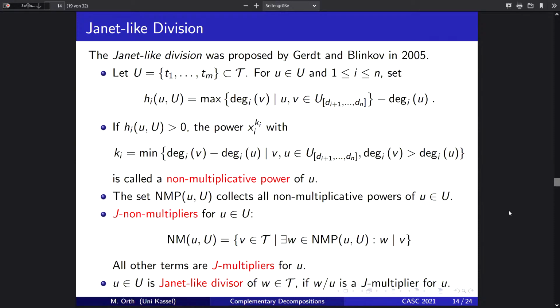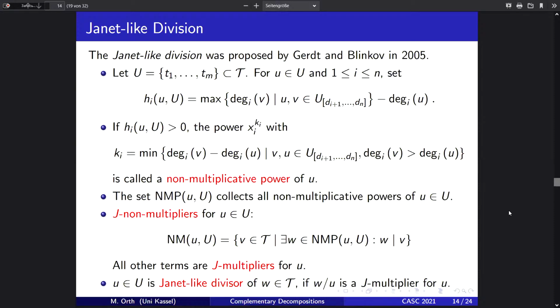For the Janet division, only the multiplicative variables were enough, because you then also know which variables are non-multiplicative. But here for the Janet-like division, the non-multiplicative variables get closer treatment. For each of these non-multiplicative variables, a non-multiplicative power is defined by a certain minimal degree difference.